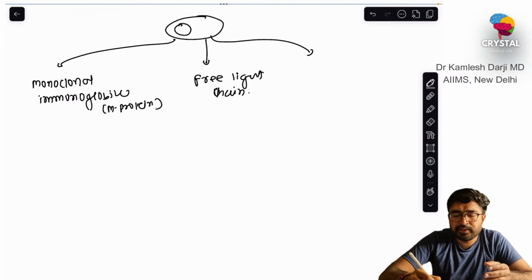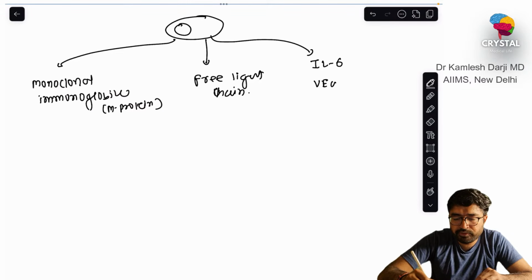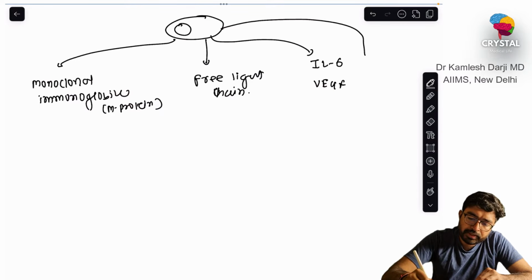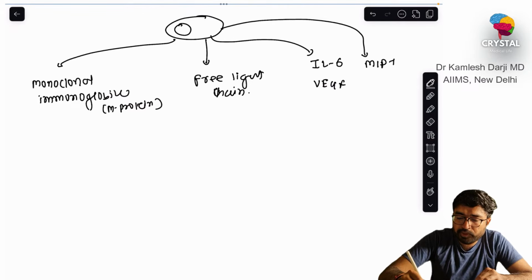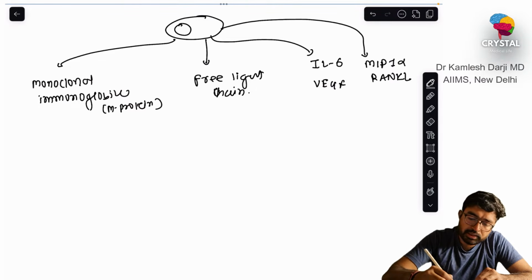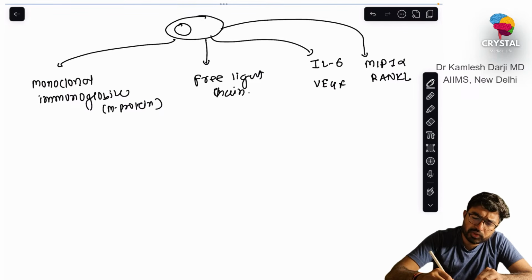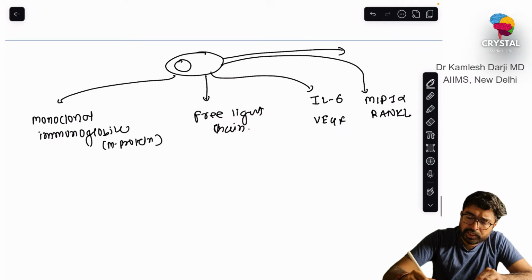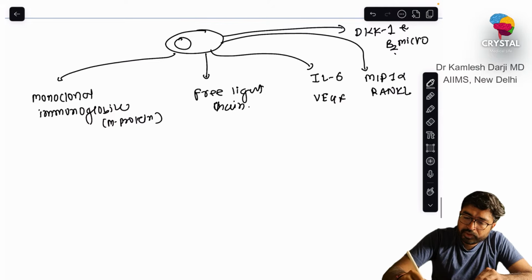Third thing are the cytokines like IL-6, also VEGF. Then it is producing MIP-1 alpha, RANKL. Also, it will produce your DKK1 and beta 2 microglobulin.